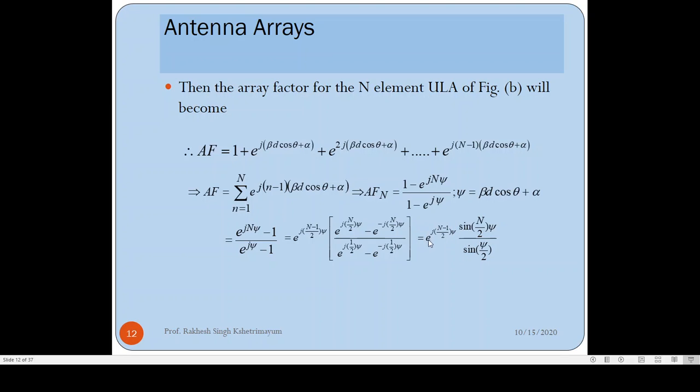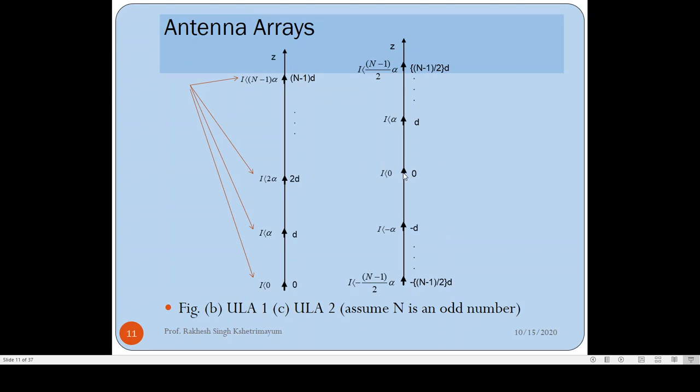And we have another extra term here. Now if I want to get rid of this term, I need another arrangement of the uniform linear array, in which I put half of the antenna elements in the positive z axis and the remaining in the negative z axis. Let's say N is an odd number.